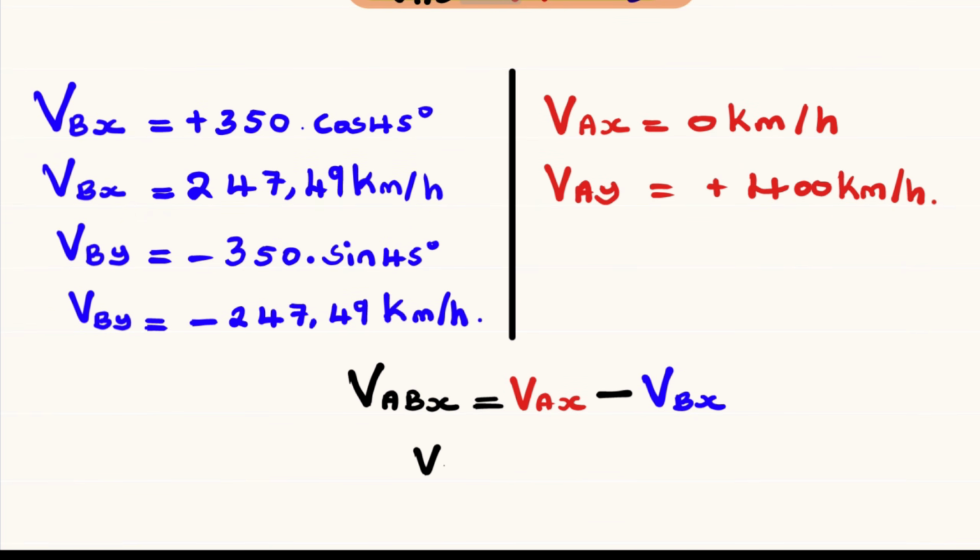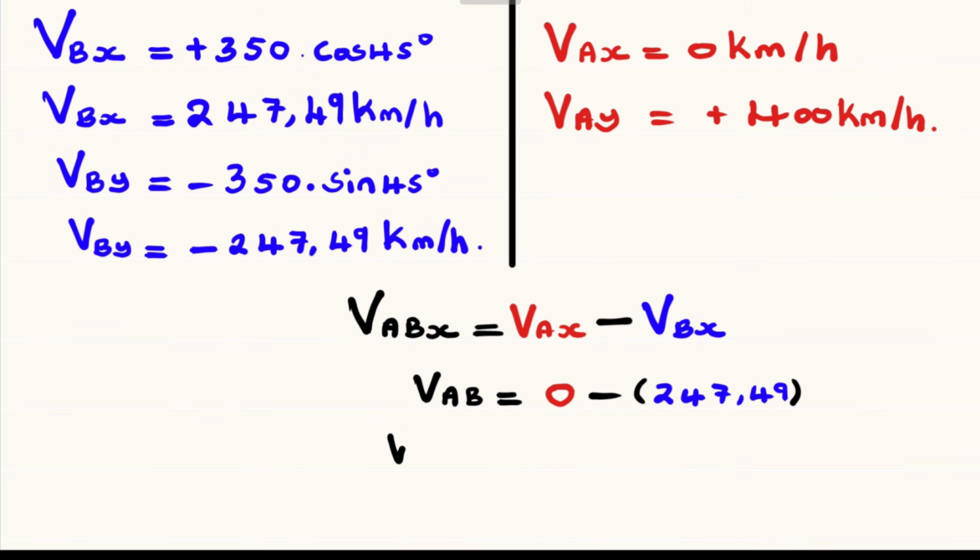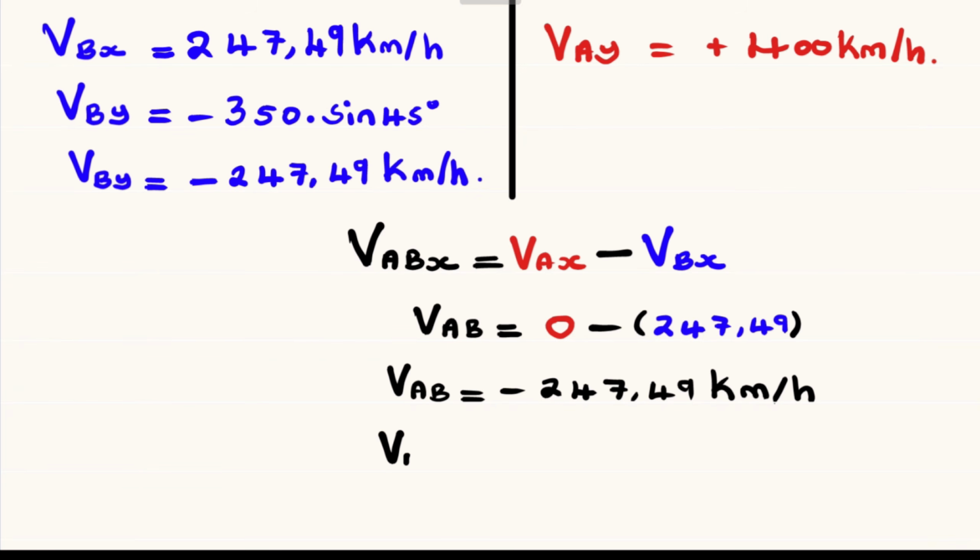The velocity of A on the x component was 0 minus the velocity of B on the x, which was 247.49 kilometers per hour. So the velocity of A relative to B on the x will be equal to negative 247.49 kilometers per hour.